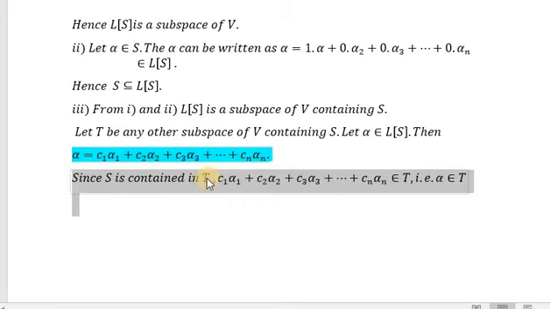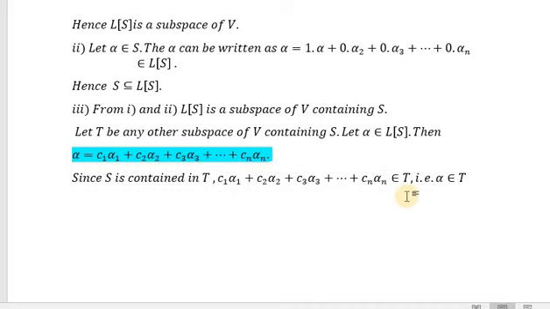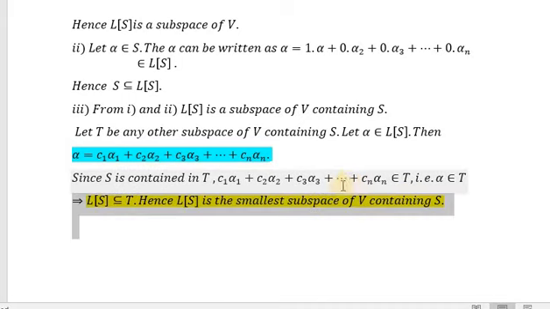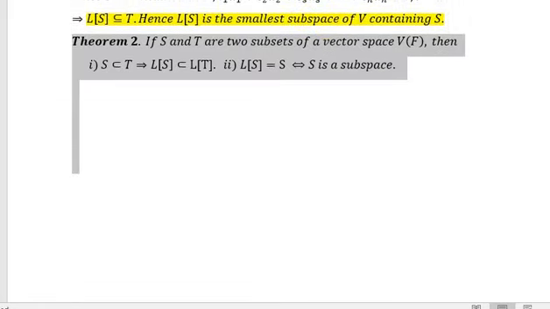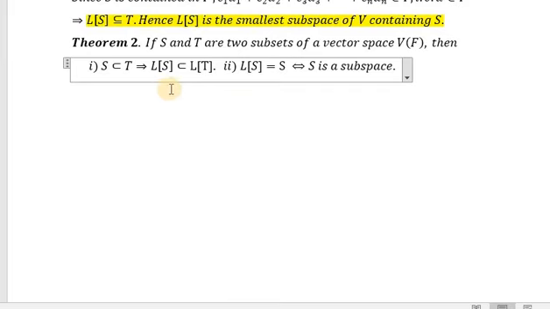Since S is contained in T, C1 alpha 1 plus C2 alpha 2, and so on, Cn alpha n also belongs to T. That is nothing but alpha belongs to T. This implies that the linear span of S is a subset or equal to T. Hence, L of S is the smallest subspace of V containing S. Hence the proof. Next, theorem 2.